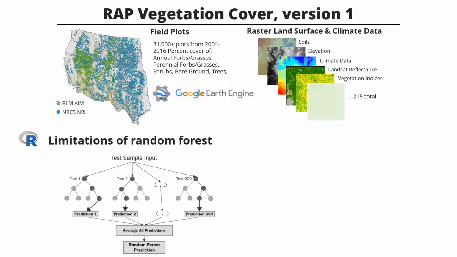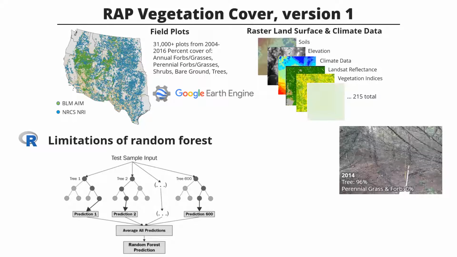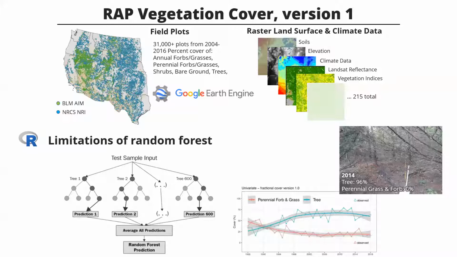For any location, say a forest with essentially 100% tree cover and 0% perennial forb and grass cover, the model has difficulty predicting those really high and really low vegetation values using the inputs.